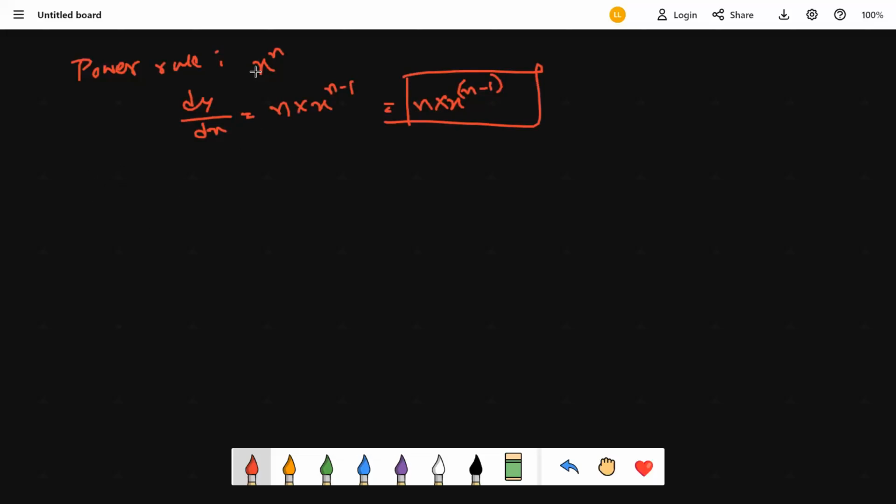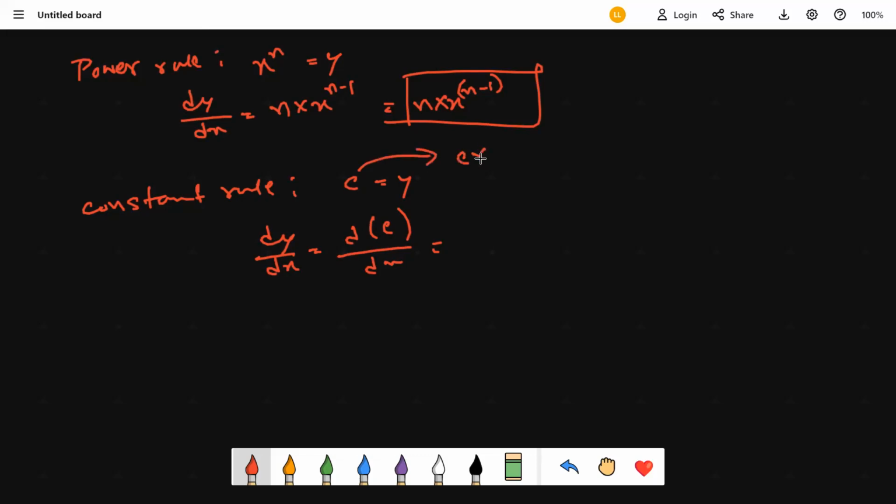Constant rule, we have seen it in the power rule as well, but for formality we can define it. Let's say we have a constant c as the equation, so y equals c. If we differentiate dy by dx, this c is a constant, but along with it c has times 1, and we know 1 is x to the power 0.